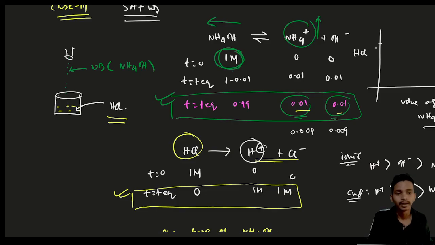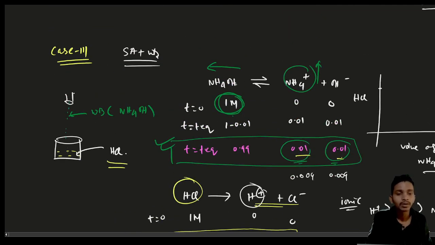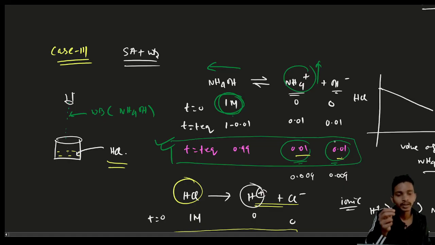So let's say this amount of HCl is there, and whenever you are adding NH4OH from the top, drop by drop, due to the common ion effect, the NH4 or OH minus coming into this solution decreases.